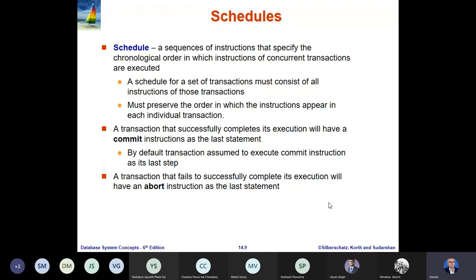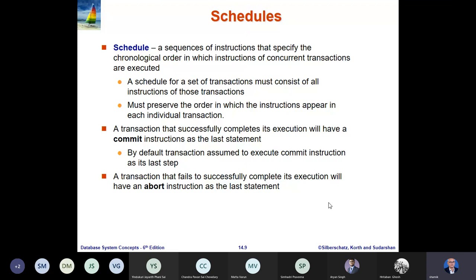It's a sequence of transactions that specifies the chronological order in which instructions of concurrent transactions are executed. So a schedule is a set of transactions to start with, and it also shows in which order, by order I mean temporal or chronological order, the various instructions of each transaction get executed, that is, how they are intermingled.